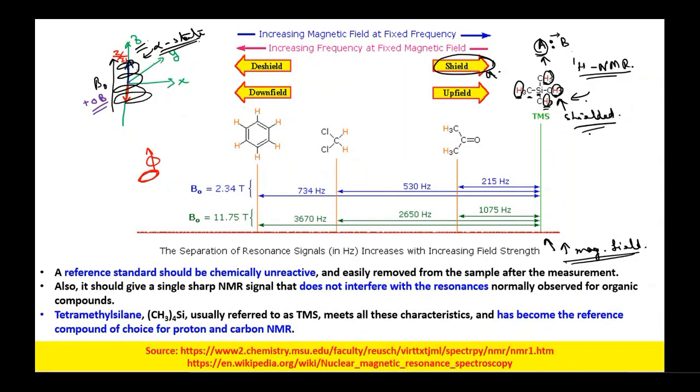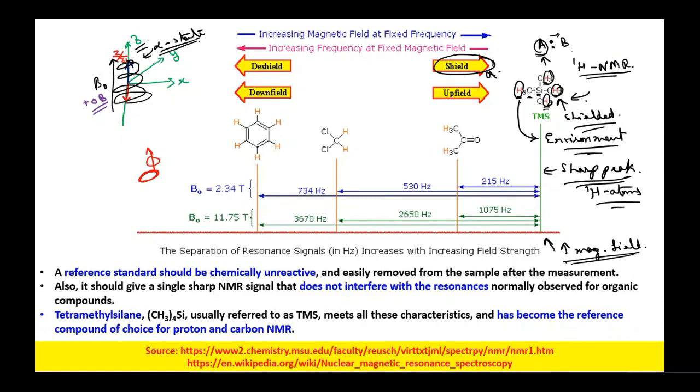They remain shielded, and all these hydrogen atoms face the same or a similar environment, and due to this reason you will get a sharp peak for these hydrogen atoms.